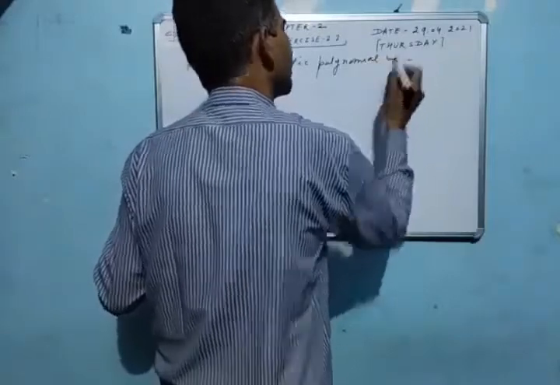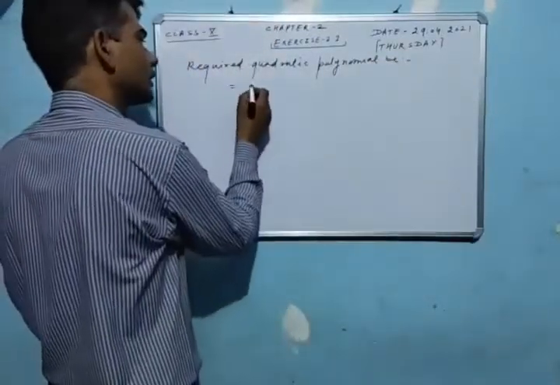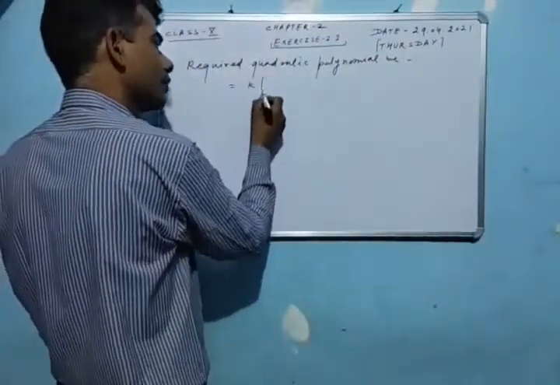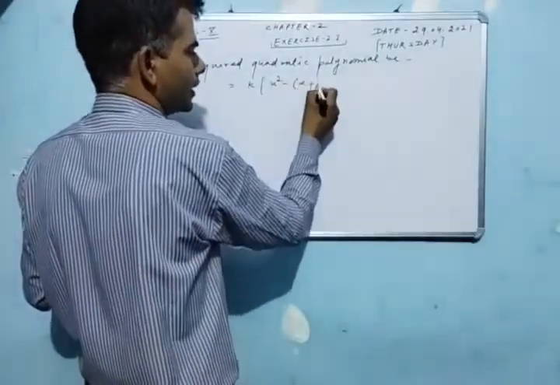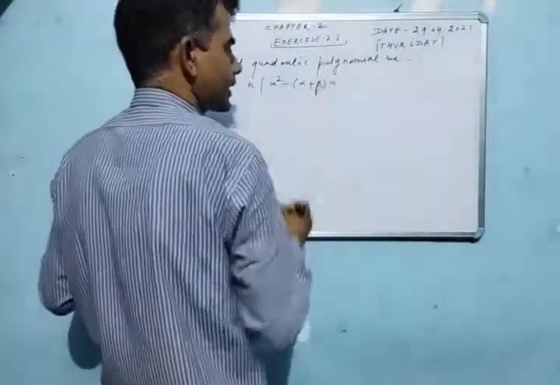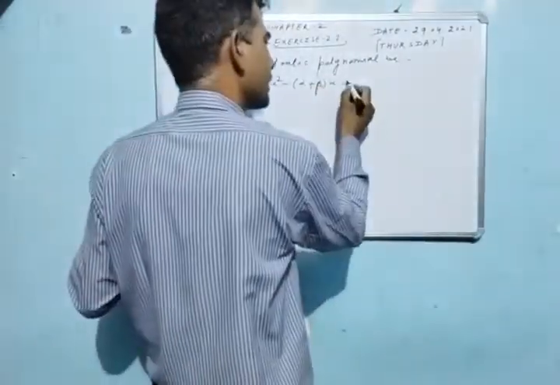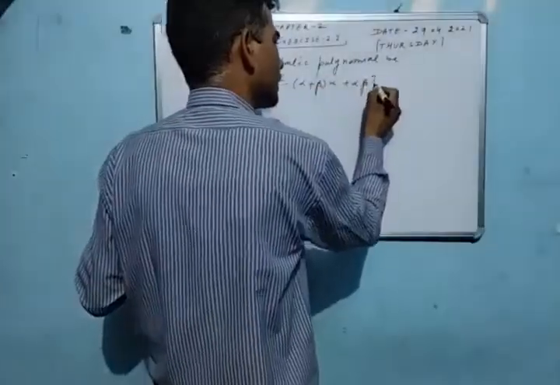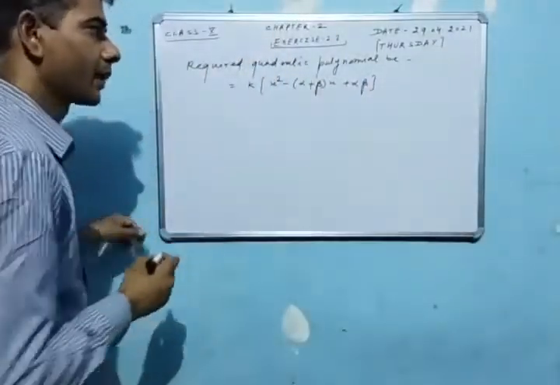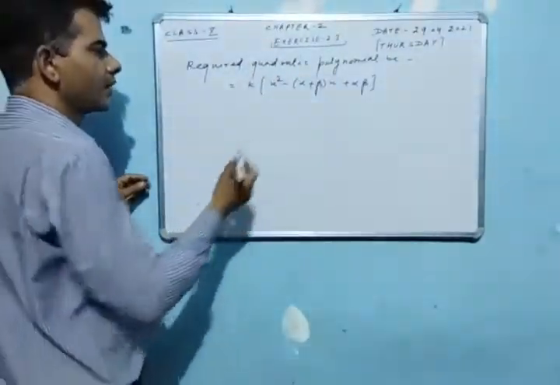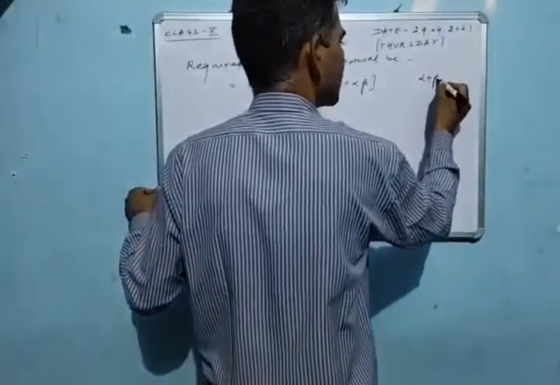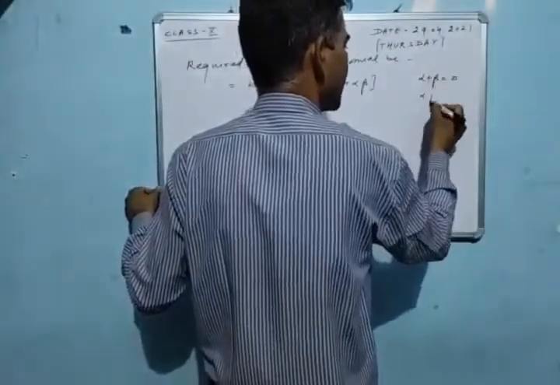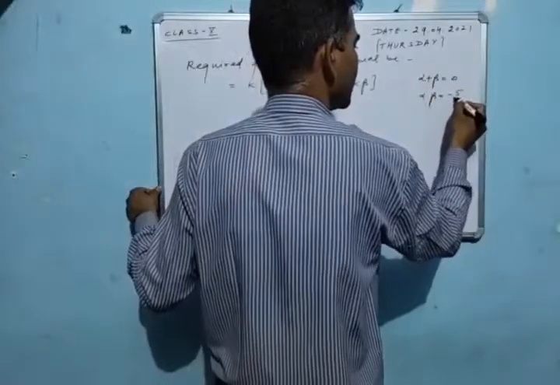Now students, that is k bracket x square minus alpha plus beta, that is x, plus alpha beta. Now students, your alpha plus beta is 0 and alpha into beta is minus 5 by 3.